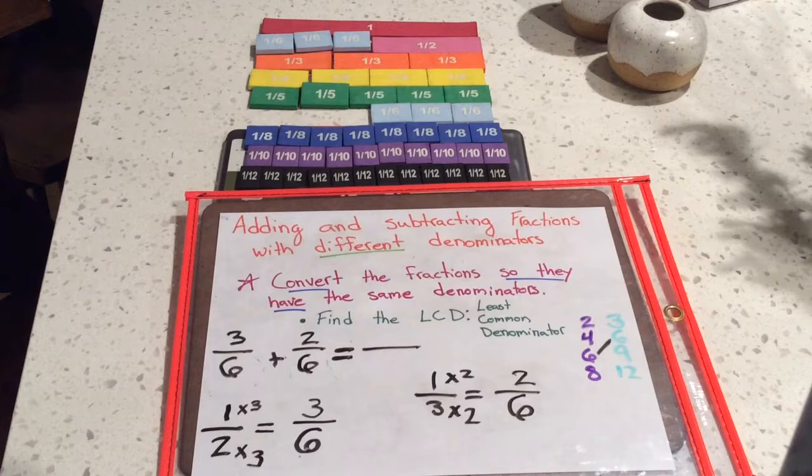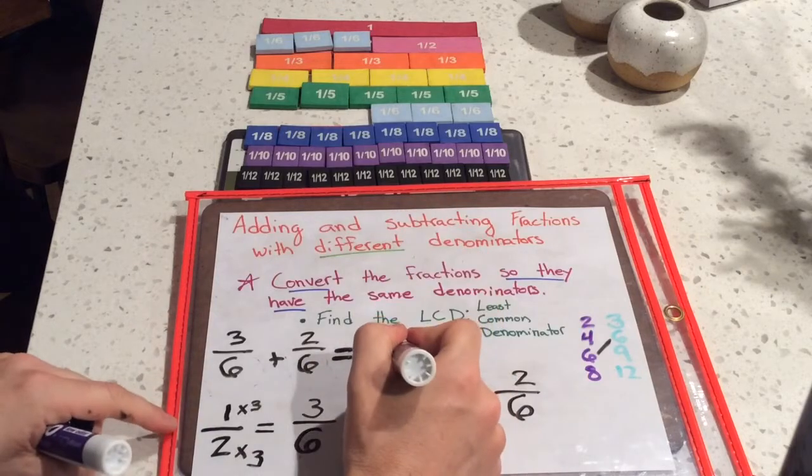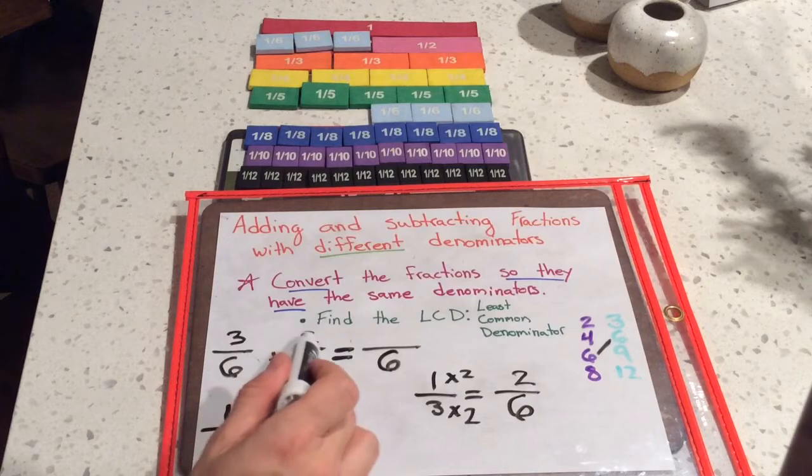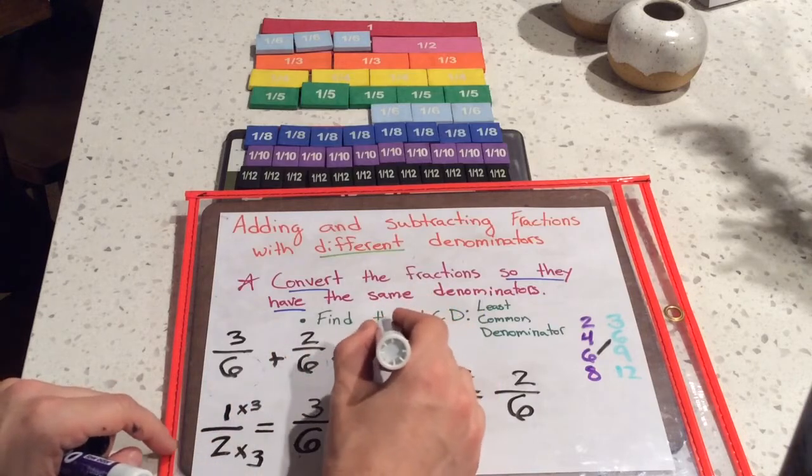And if you saw in the previous video, when we are adding fractions and they have the same denominator, the denominator does not change. And then I just treat my numerators like a normal addition equation. 3 plus 2 is 5.